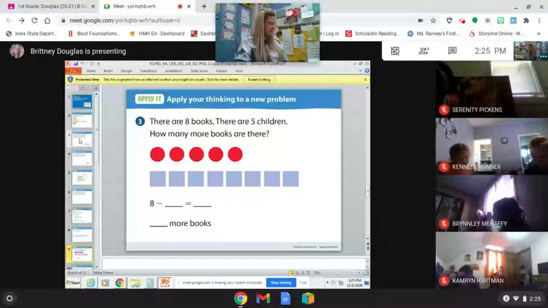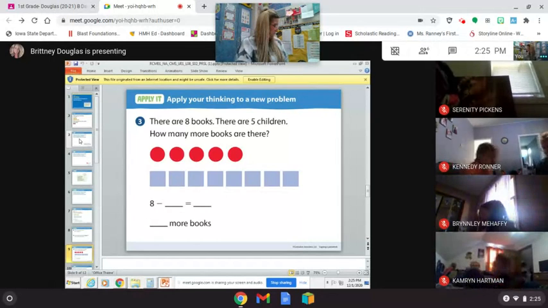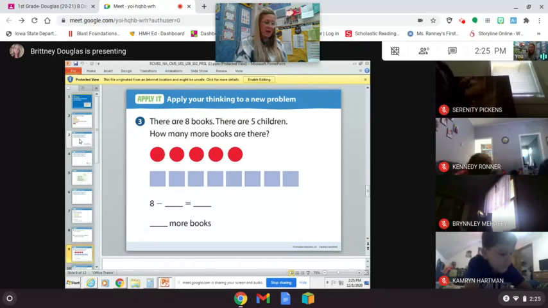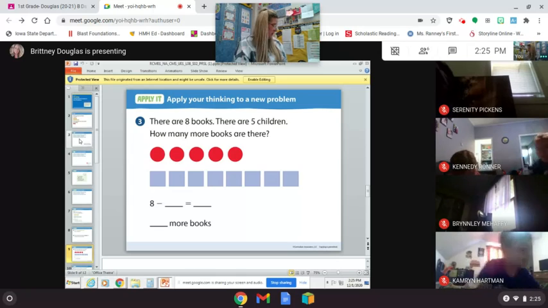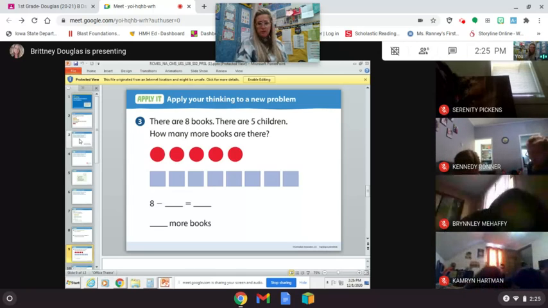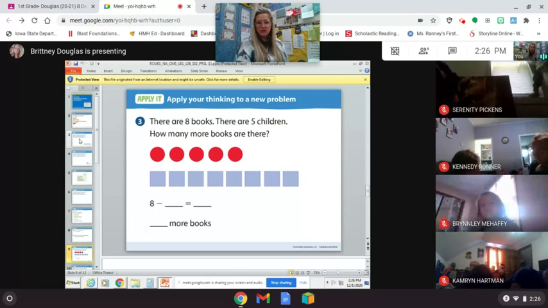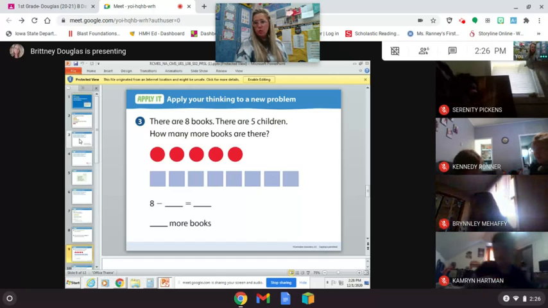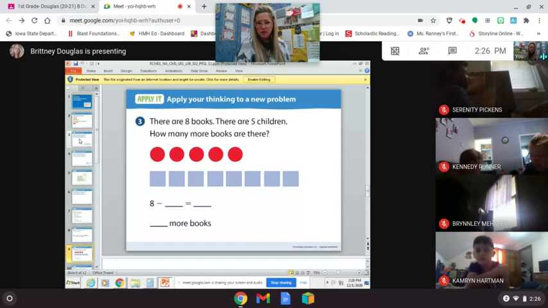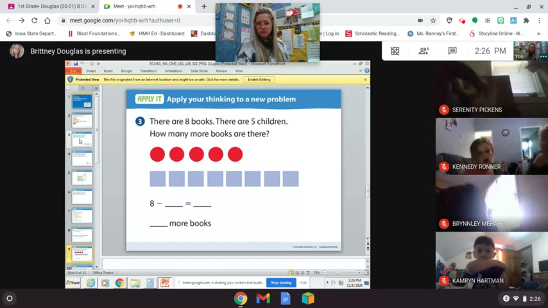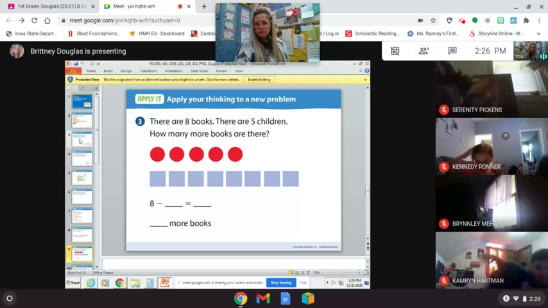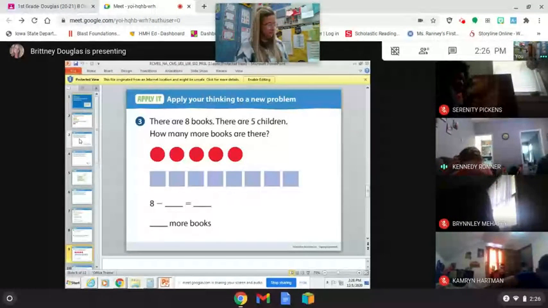Okay, there are 8 books. There are 5 children. How many more books are there? So we have a circle that represents all of the children. We have squares that represent the books. 8 squares. What page is it? Is it 171? Yep.